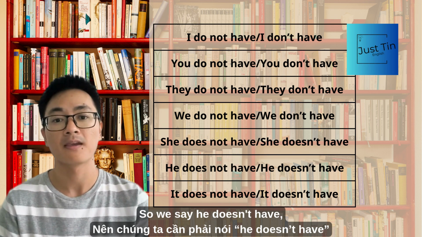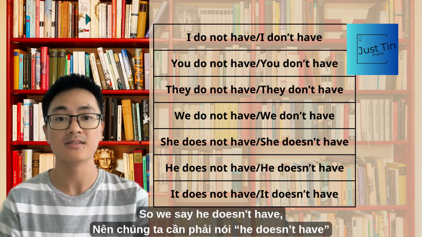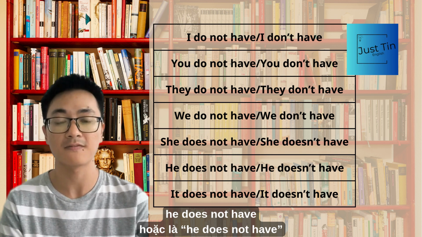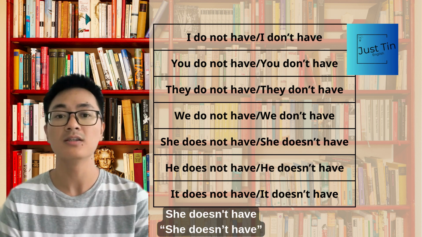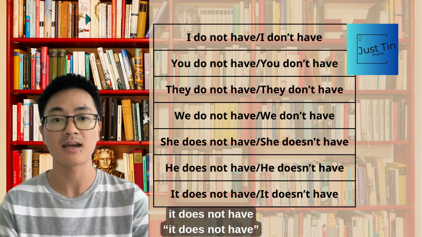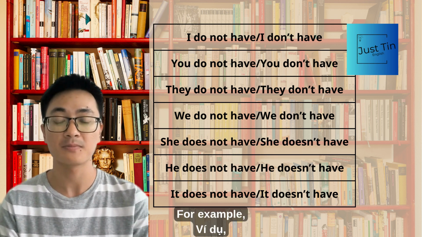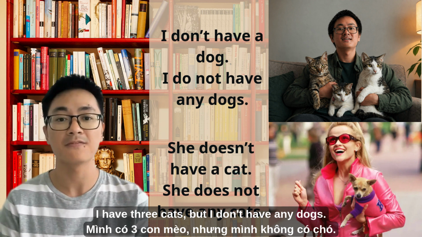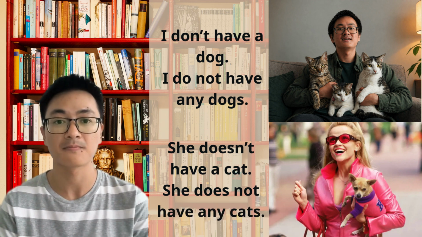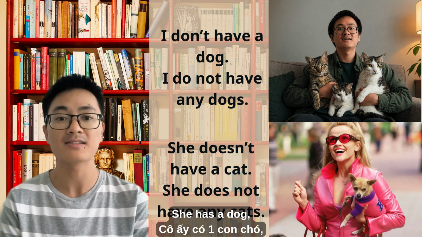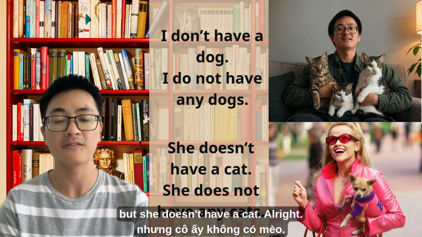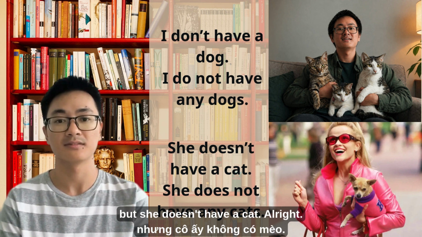So we say he doesn't have, he does not have, she doesn't have, it does not have. For example, I have 3 cats, but I don't have any dogs. She has a dog, but she doesn't have a cat.